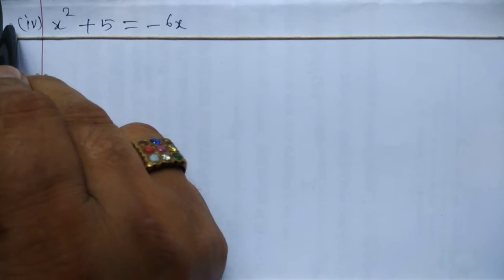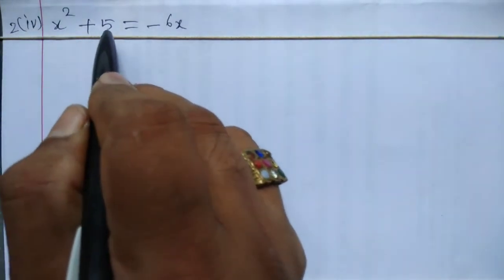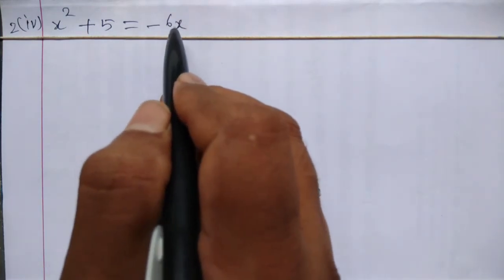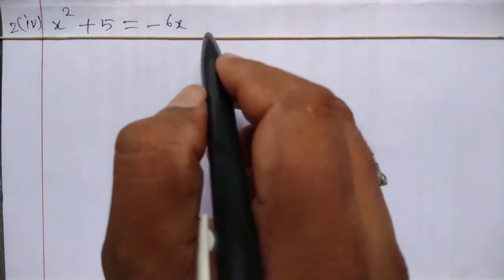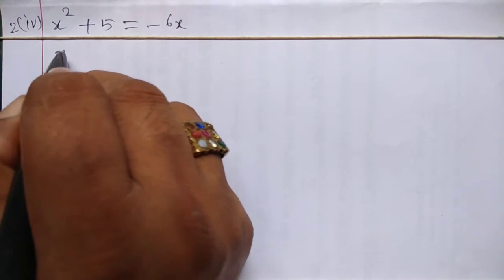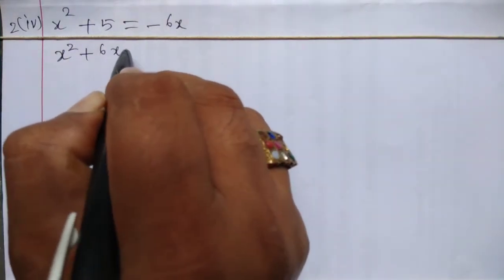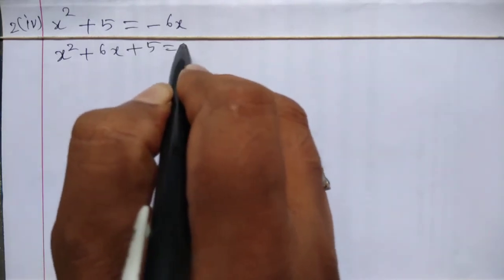Question number 4. x square plus 5 is equal to minus 6x. This is not in quadratic form. That's why first we have to make it in quadratic form. x square plus 6x plus 5 is equal to 0.